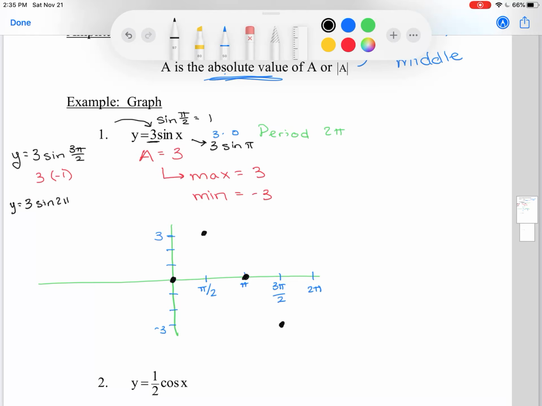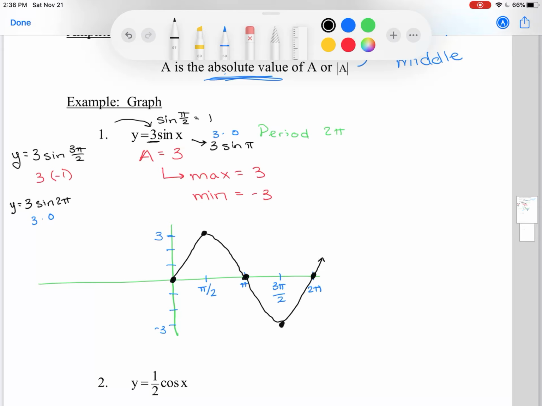Sine at 3pi/2 is going to be -1, and we have this 3 still out front, so now my y value for this function is going to be -3. Same thing with 2pi. What is my y value with 3 times sine at 2pi? Well, sine at 2pi is going to be 0. Keep that 3 out front. You know you're multiplying. So 3 times 0 is going to give me 0.